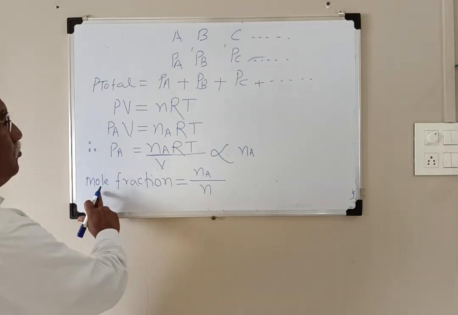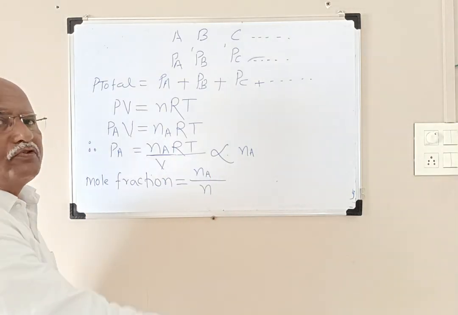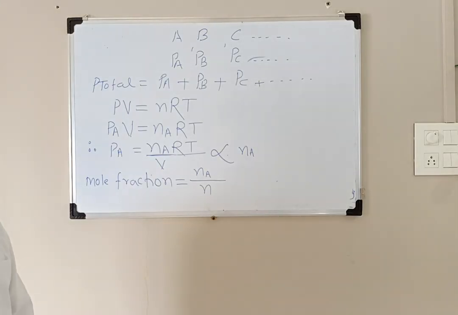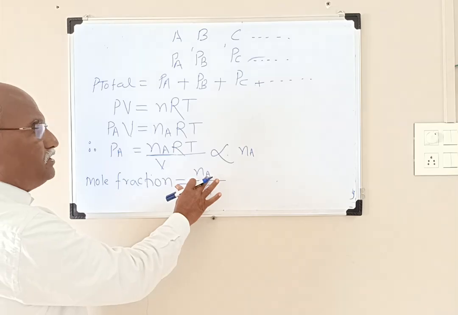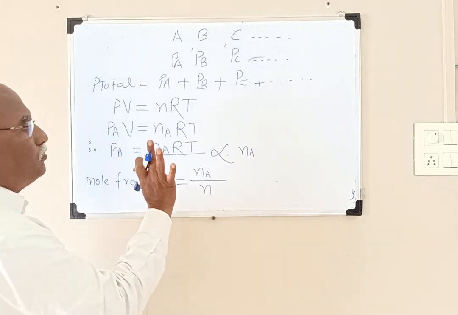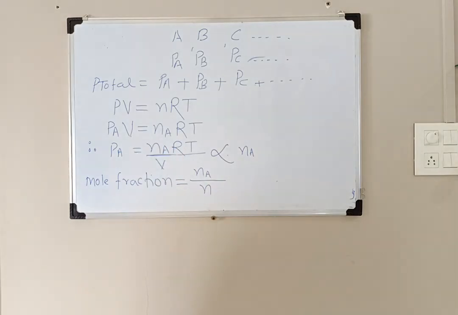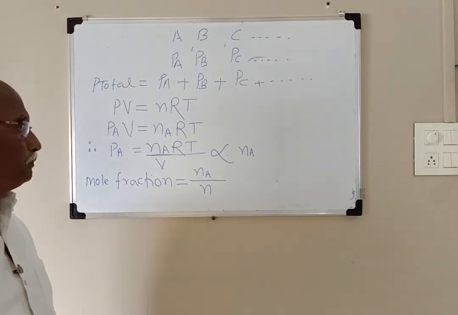So this is mole fraction. It is calculated like this: the ratio of moles of that component divided by the total number of moles. When we solve problems, it will become more clear.